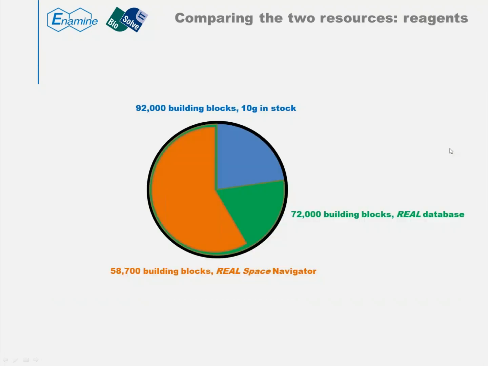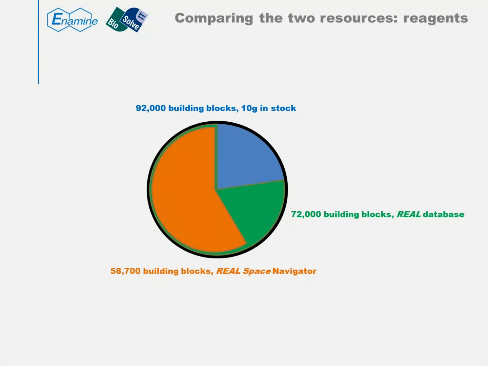Next. Okay, that's just a diagram to show you where we are. We have approximately 92,000 building blocks over 10 grams in stock, but not all of them have been validated in our reaction procedures, so some of the fraction is not included in this Real Space. 70,000 building blocks are in that 92,000, and also 58,000 building blocks overlap with the building blocks from Real Database.